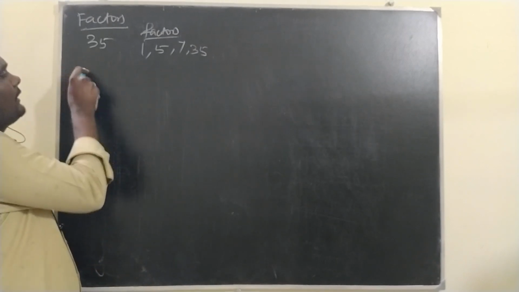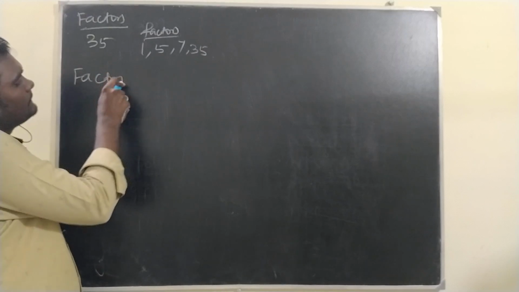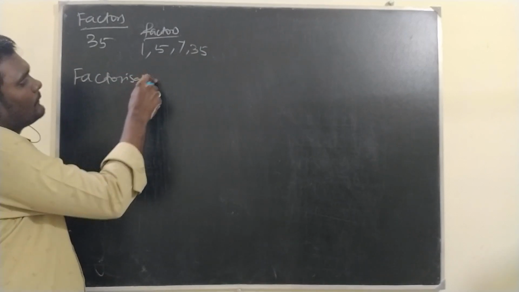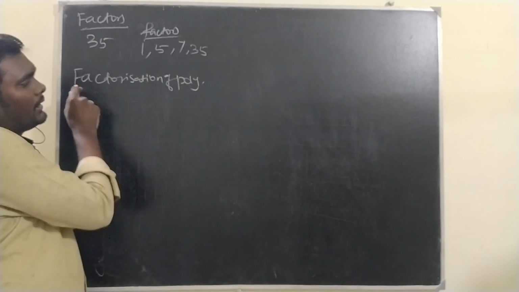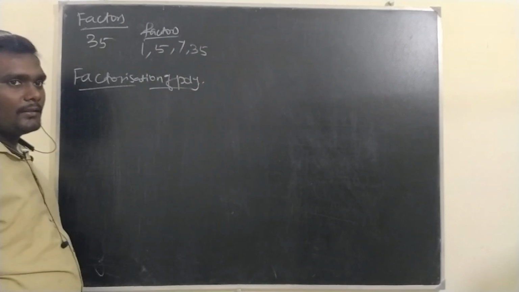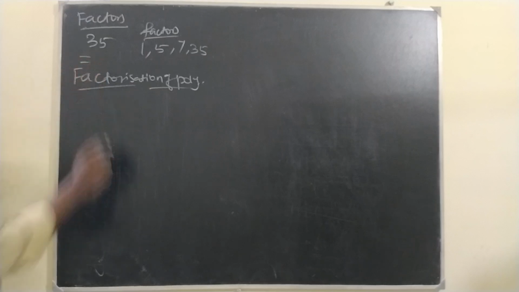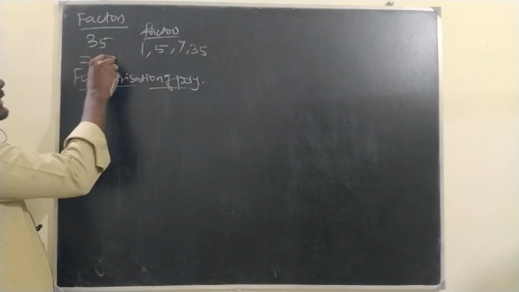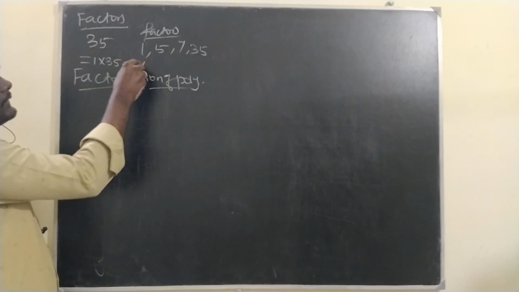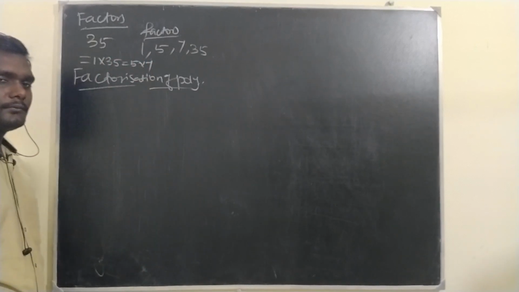Likewise, factorization of a polynomial. Meaning, we are not going to find the factors. We are going to express these numbers as a product of their factors. So, either we can represent this as 1 into 35 or else 5 into 7.